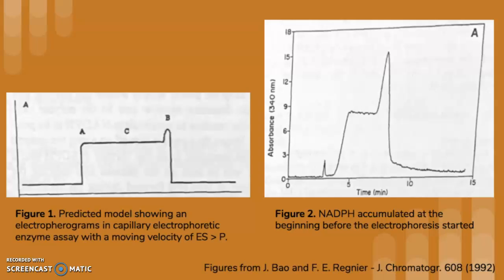Both graphs share a similar peak. As you can see on the graph on the left, where there's a B over top the peak, that corresponds to the high peak that is shown on the graph to the right. And this just shows the amount of product or NADPH that was accumulated before electrophoresis even began. And this goes to show that we were on the right track before conducting the experiment.